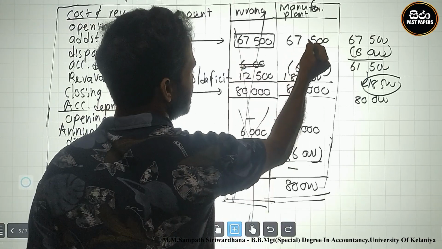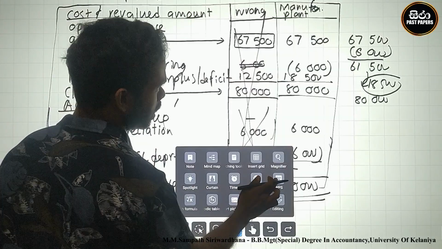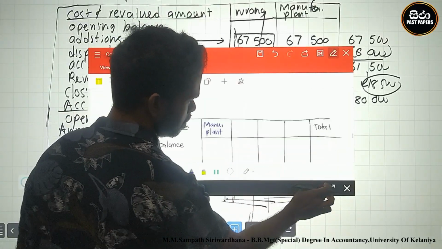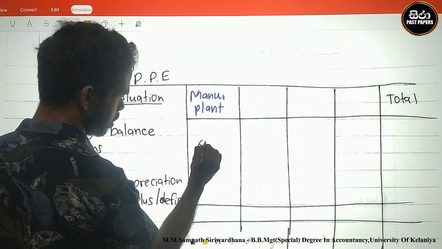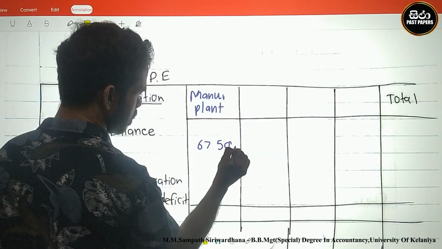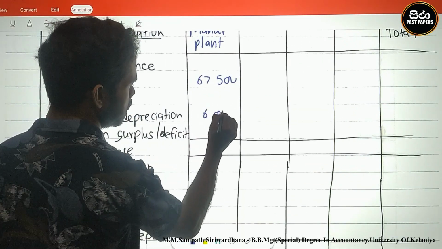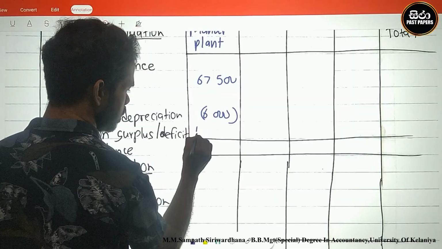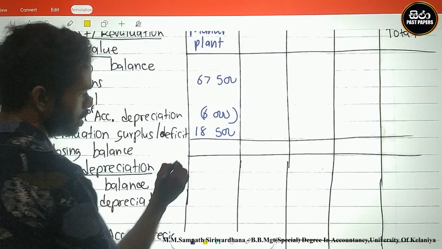Okay, 67,500 was the addition. See, there's an addition of 67,500. Transferring accumulated depreciation was 6,000 minus. There's a revaluation gain, the surplus was 18,500.